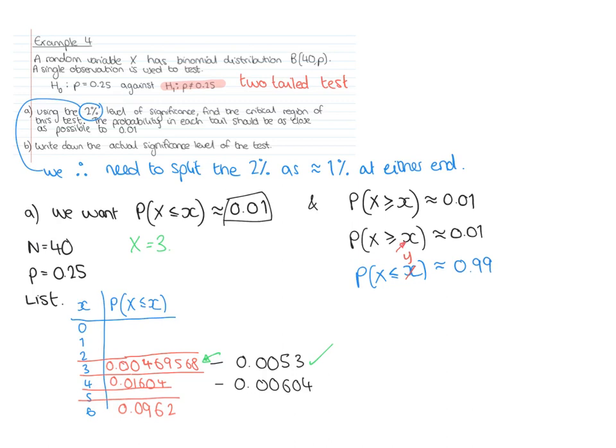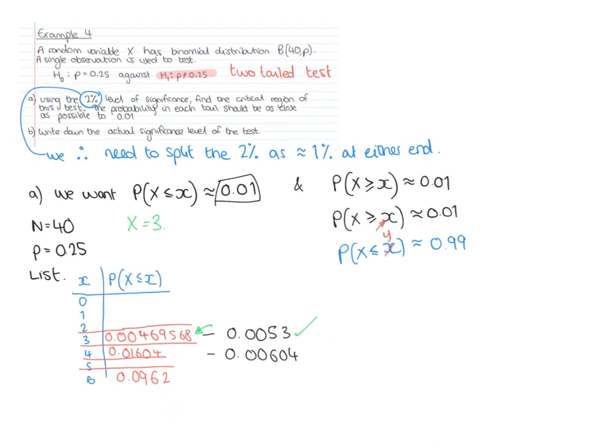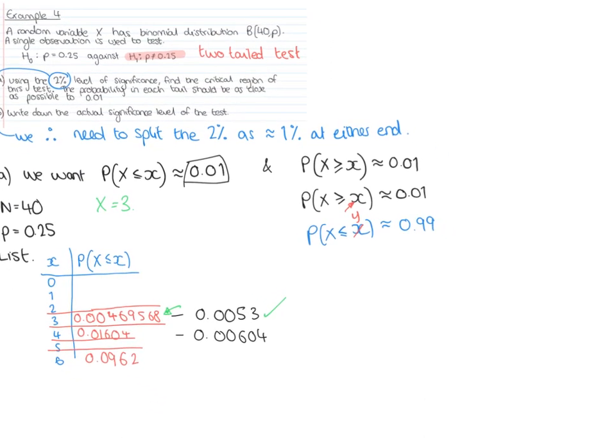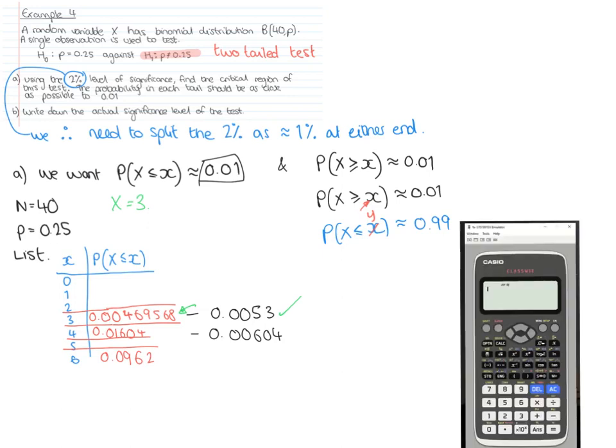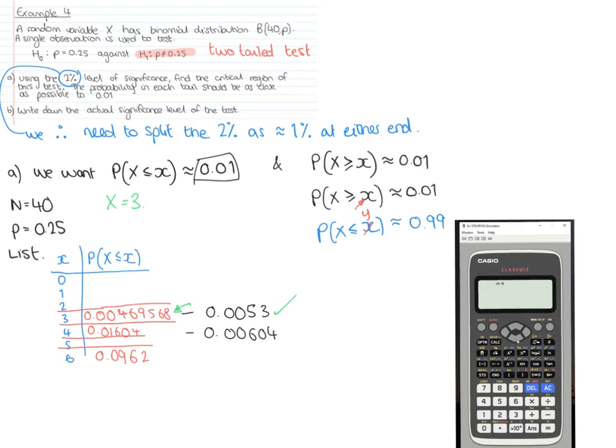Okay, so now we're going to use our calculator again. We're trying to find the critical region at the upper end, as in the higher value for our data. So we go statistics, and we're going to do a list again. We've got 40 in total, the probability of the null hypothesis is 0.25.